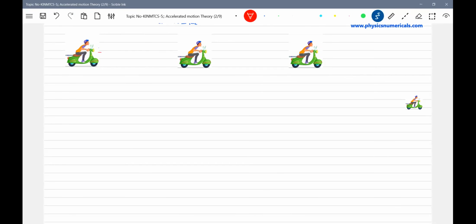Because of that, now he is moving with a speed of 10 kilometer per hour. Now again, further he will rotate his arm. Its speed is 20 kilometer per hour. Now it has become 30 kilometer per hour.